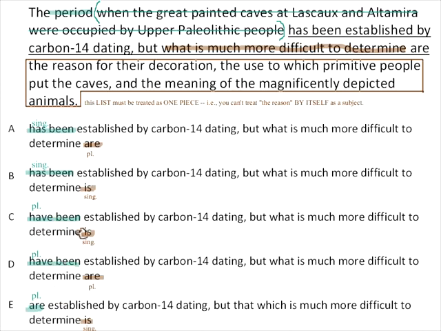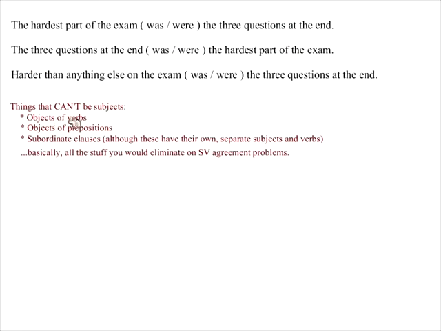And anything like carbon-14 dating can't be the subject because it's in by carbon-14 dating, which is a prepositional phrase. So these things are not the subjects of the main sentence. If that makes sense, then give me the smiley face icon. Okay, it's good. A lot of smiley faces.